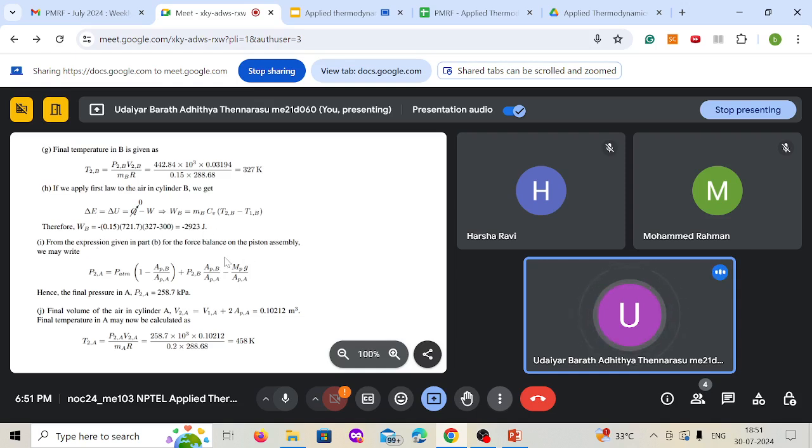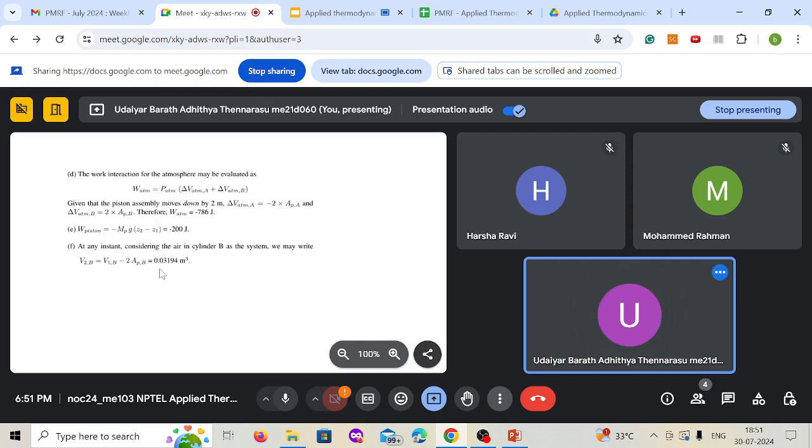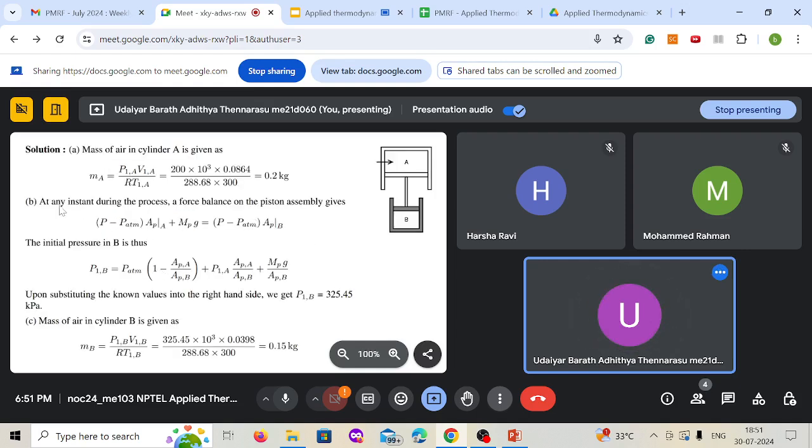So next we need to find out the final pressure in cylinder A. For that again we know the force balance on the piston. So from this and rearranging in terms of pressure in A, this is what you get. This expression: P of B minus P atmosphere into cross sectional area, plus your weight, minus the difference in pressure in cylinder B into cross sectional area.